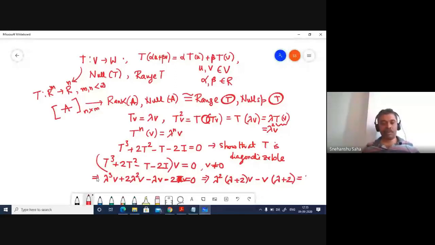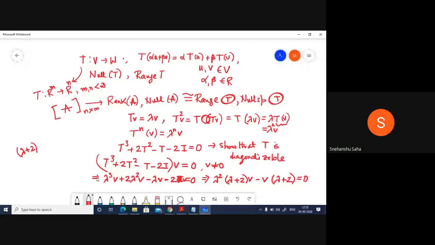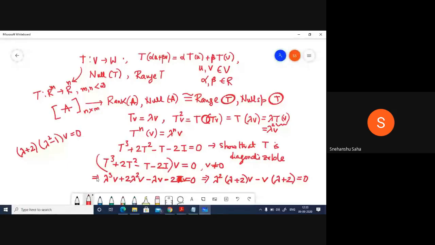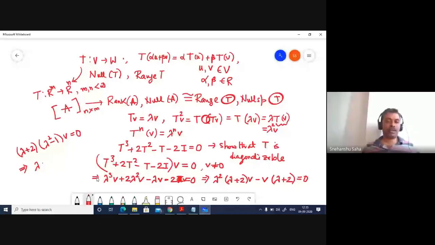If you further factorize this, what you get is lambda plus 2 times lambda squared minus 1 times v equal to 0. You factorize this further, you get the lambda values.